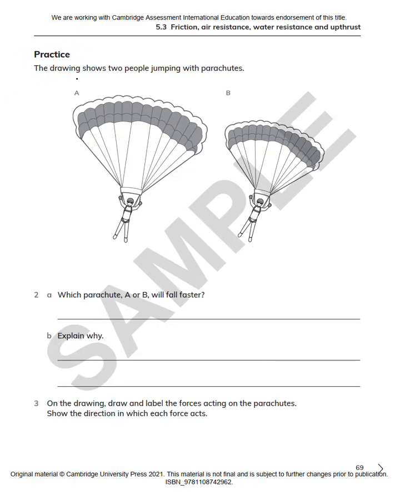Practice. The drawing shows two people jumping with parachutes, person A and person B. Which parachute, A or B, will fall faster, and explain why.